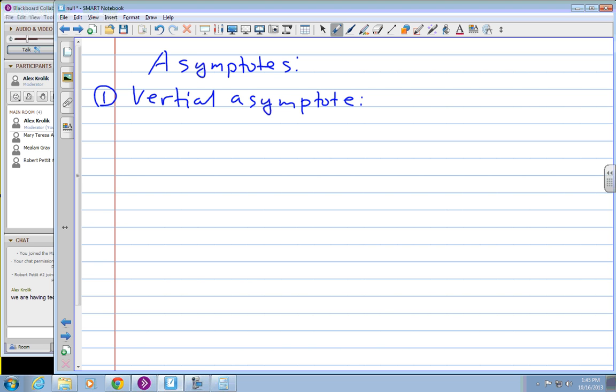Okay? So to find the vertical asymptotes is to look at f of x equals p of x over q of x in the reduced form, meaning p and q don't have any common factors.